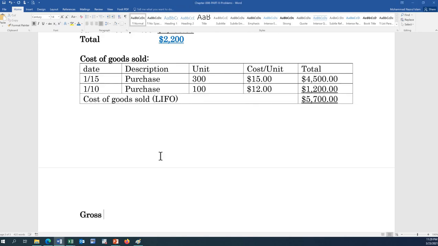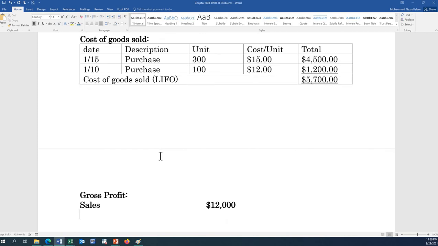And now gross profit. Sales, we already have the total sales amount of 12,000, less cost of goods sold, which we have just calculated, 5,700. So how much is the gross profit? The gross profit is 6,300, correct?